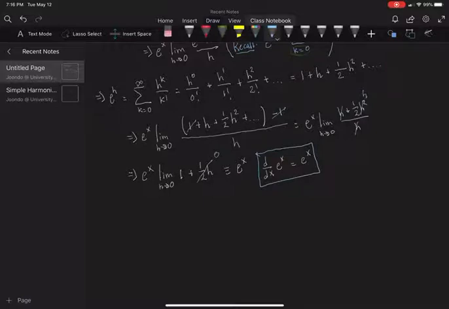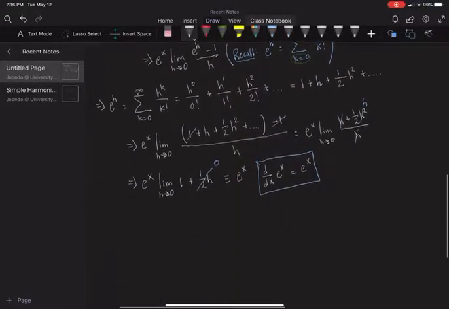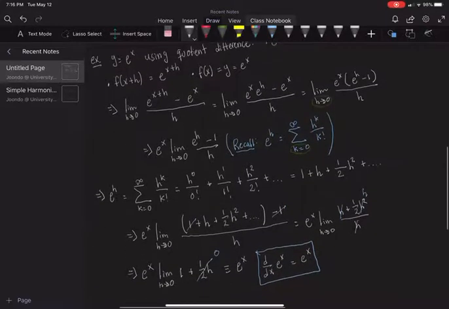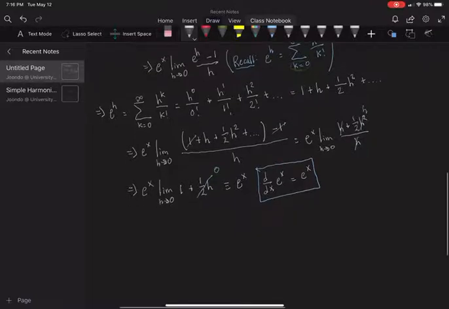For example, I'm sure you know the basics of integration already too. So if we can do this with the derivative, we can do a similar example with an integral. For example, we can prove using Taylor series that the integral of e to the x is e to the x plus c.